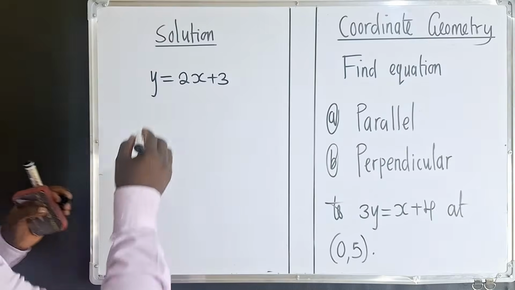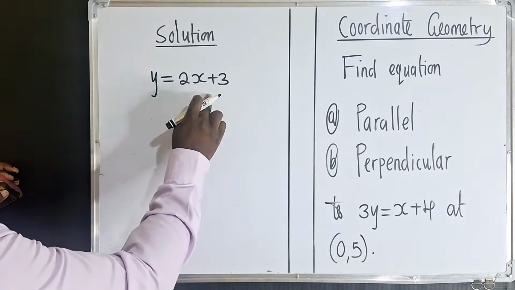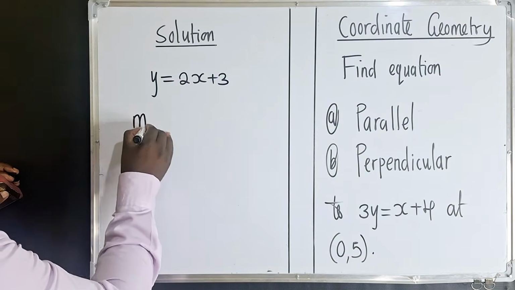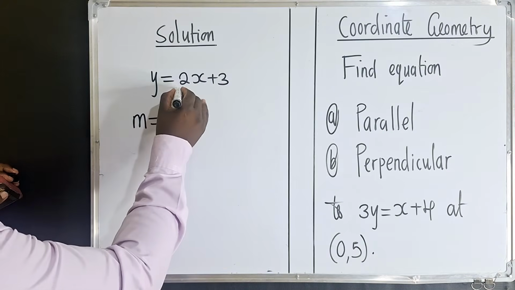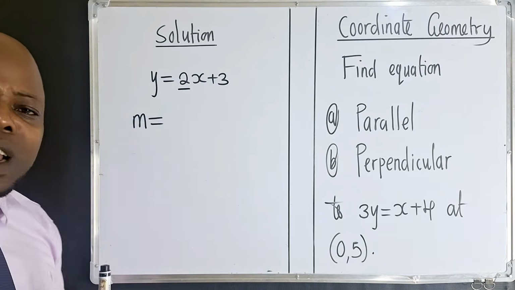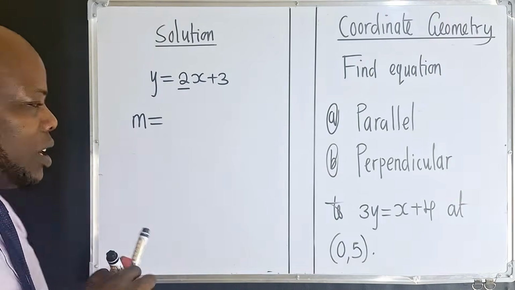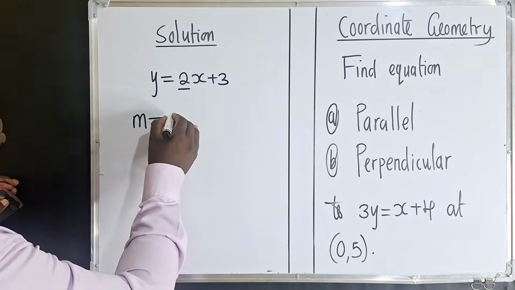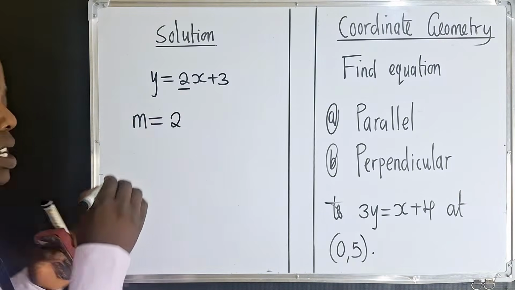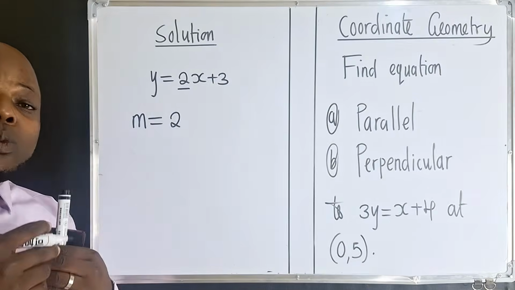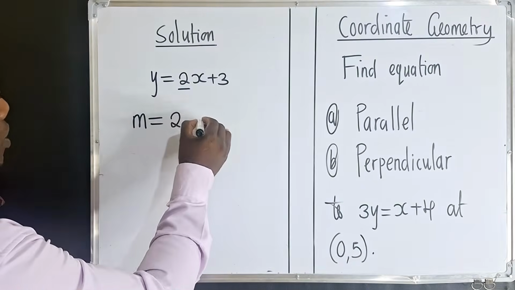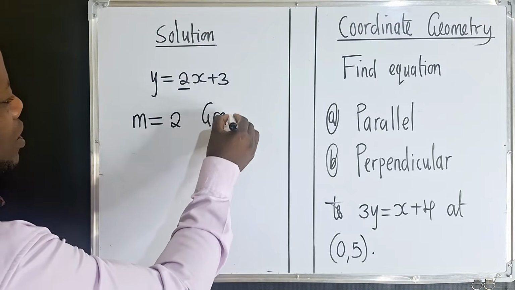So now look at this. This is an equation. So my gradient from this question will just be the coefficient of the x term, the number that is with x. In this case, it's 2. So my gradient, denoted using letter m, will be 2 right over here.